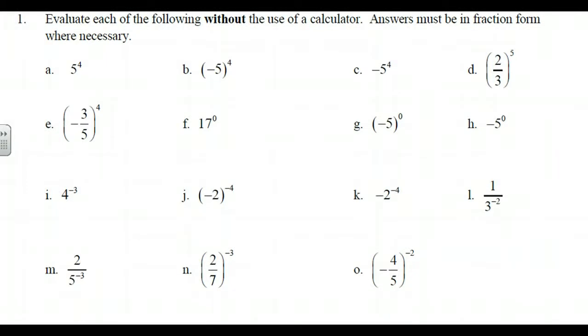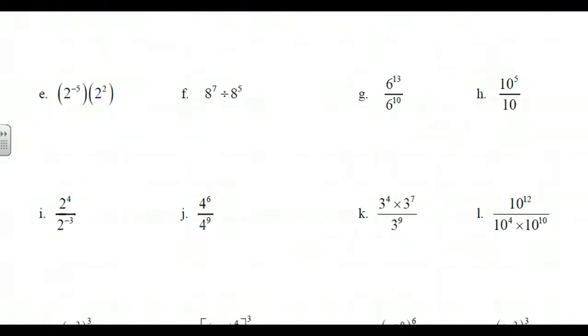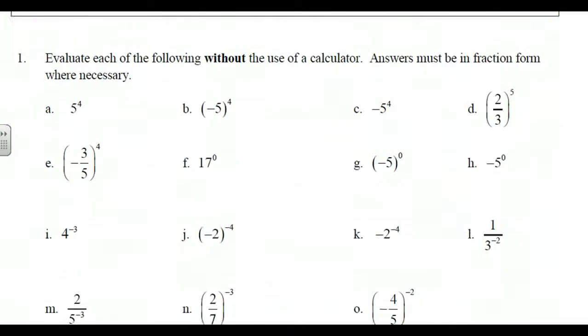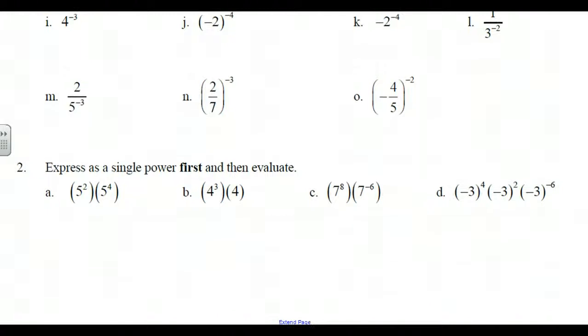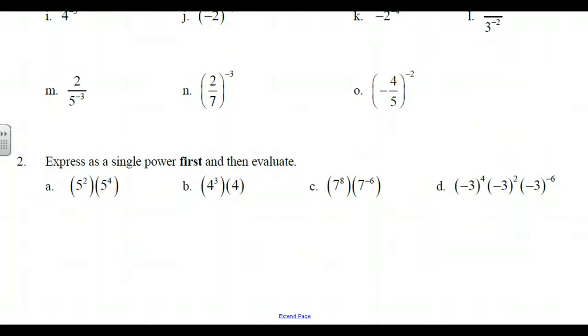So evaluate each of the following without the use of a calculator. This is actually all of number 1. That's all of number 1, and here's the first part of number 2. Okay, that's long enough for you to get a look at it.